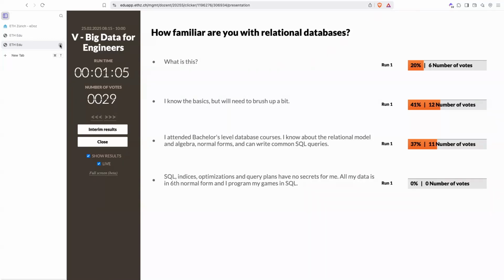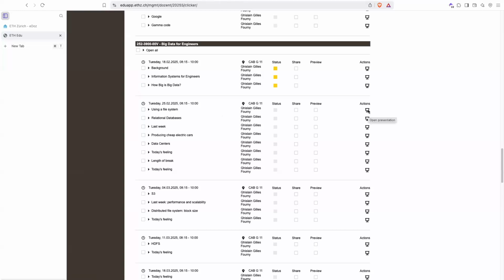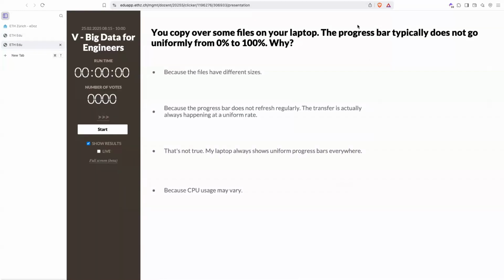Since I'm at it, I have another one for you to make you think a little bit. You've all experienced, I'm sure, the progress bar that goes all the way to 99% and then remains there forever. So why do you think, when you have a progress bar for transferring files from one disk to another, it's not uniformly going from 0 to 100%?